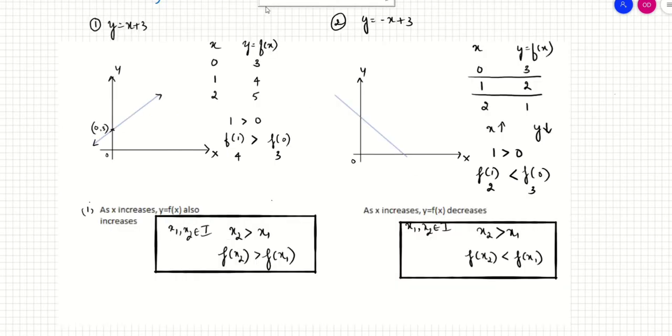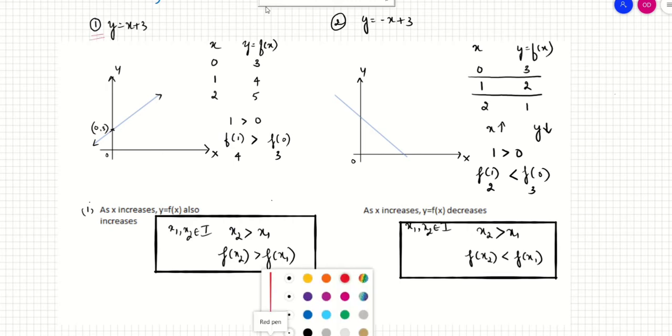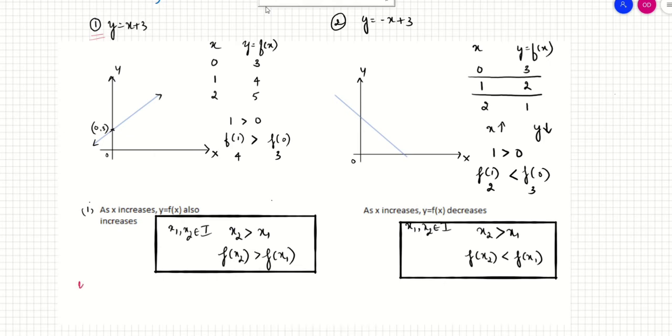Observe now the example number 1. This equation y is equal to x plus 3 is in the slope-intercept form y is equal to mx plus c. Comparing the given equation with the slope-intercept form, we have the slope m is equal to plus 1.